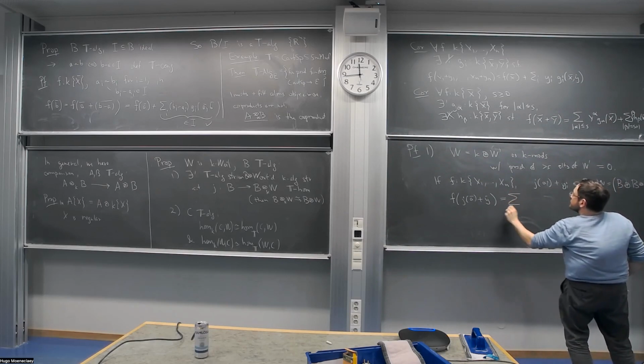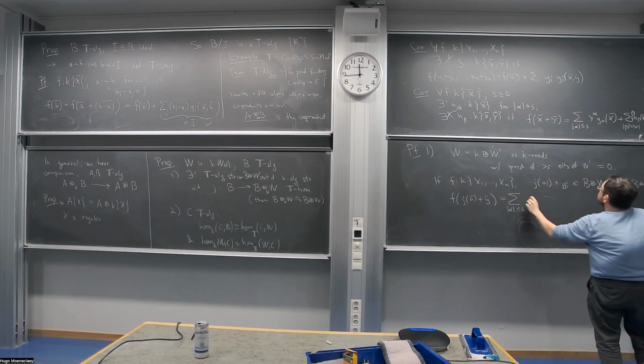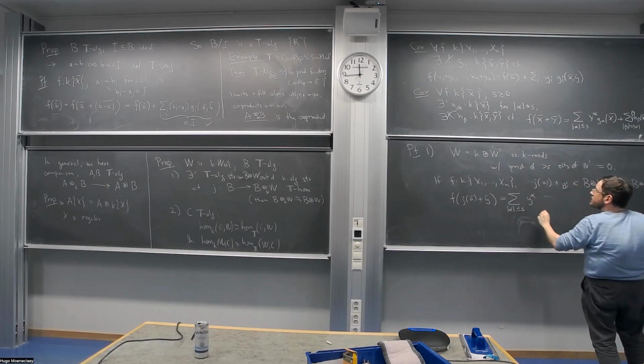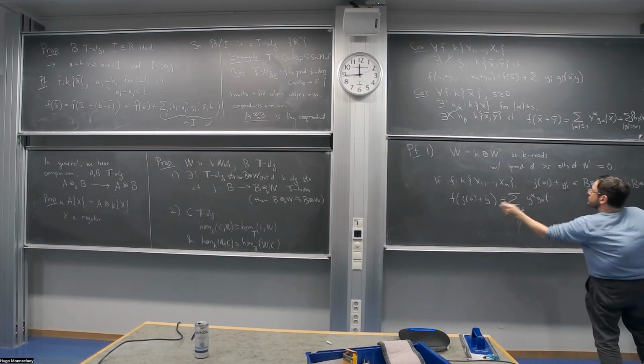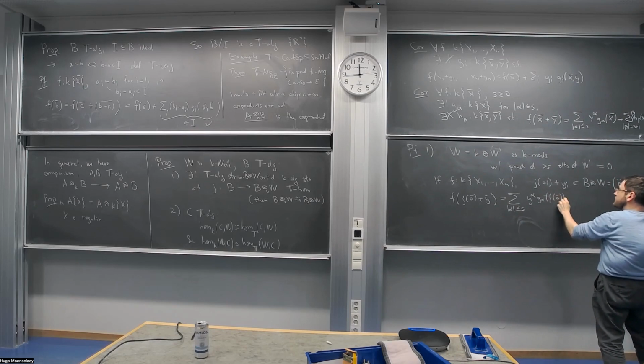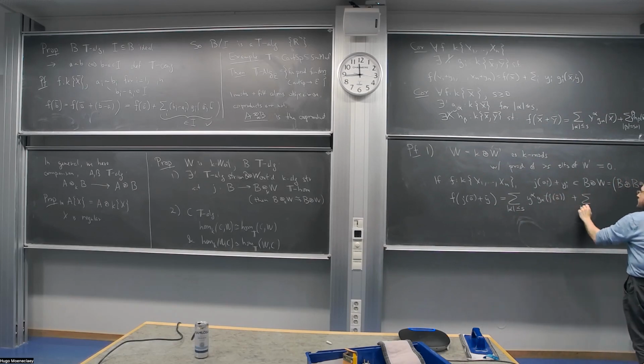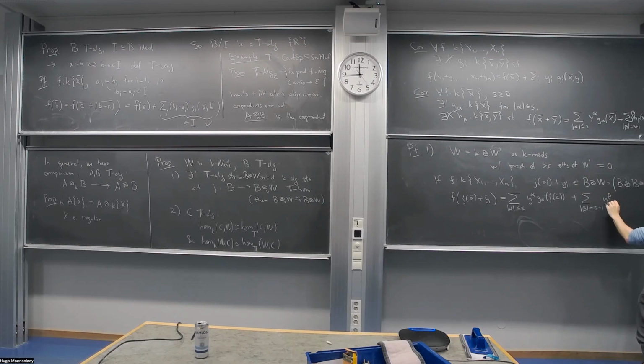It's going to be the sum over multi-indices up to s, y to the alpha, times the alpha-th part of the F of the a's, plus the sum over multi-indices of size s plus 1, y to the beta, and beta is y's, but by the assumption this is 0.